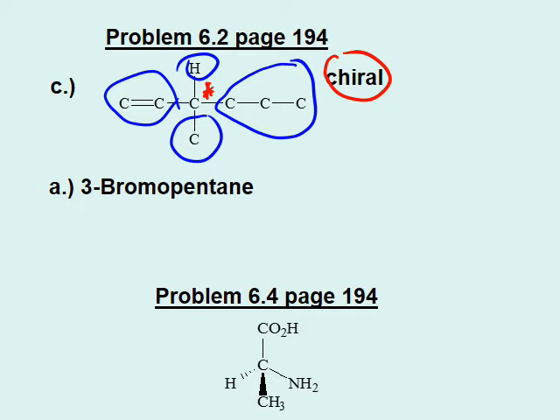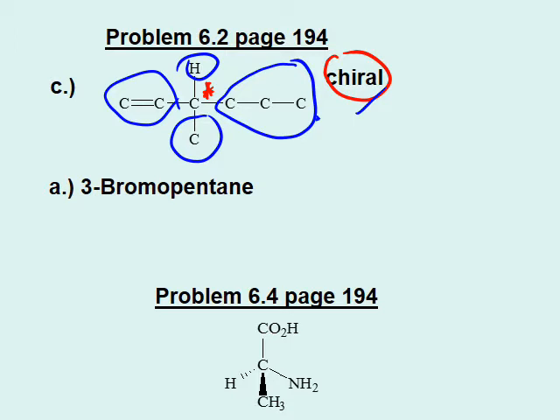Answer is no, because the first one is a methyl group, the second one is a propyl group, hydrogen, and a carbon-carbon double bond. So those are 4 different groups, so it has to be a chiral center. You just need to discover one chiral center, and that would make the molecule a chiral molecule.